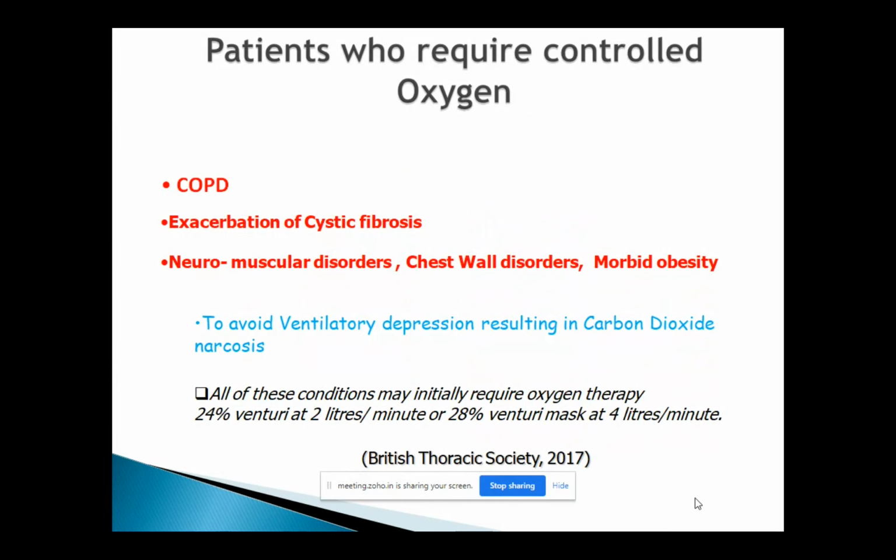I just wanted to read out a statement. The effective oxygen delivery system should be a universal standard of care and should be made more widely available. When I say effective oxygen delivery system, we are not talking about oxygen therapy itself. We are talking about all the equipment available to provide this oxygen.